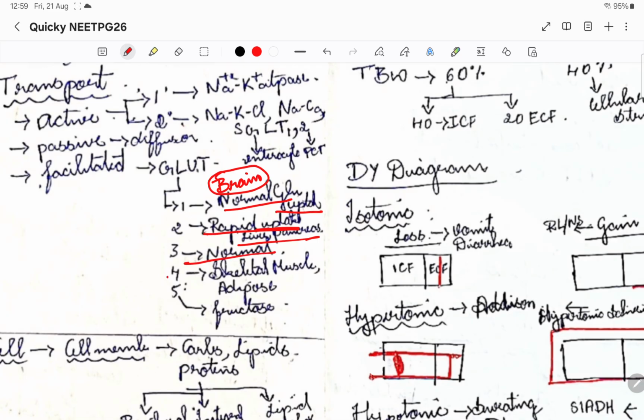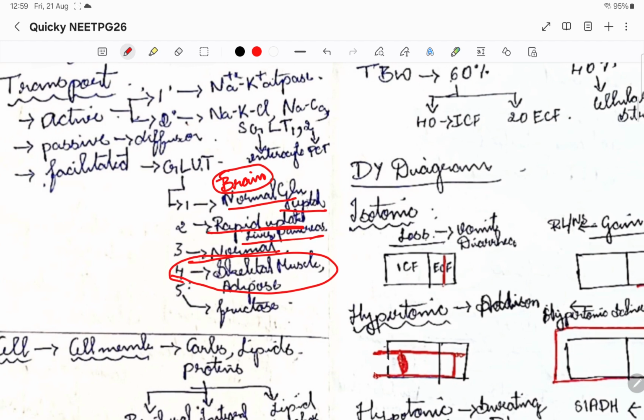GLUT4 should be your main focus, because skeletal muscle and adipose tissue are where the majority of glucose is required, and that is where the majority of the action takes place. So GLUT4 should be marked with a star.